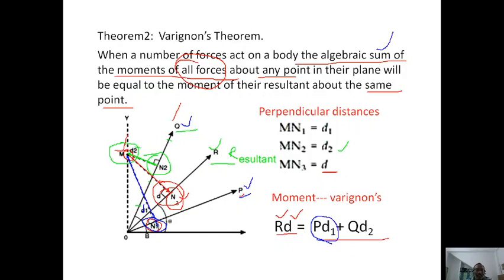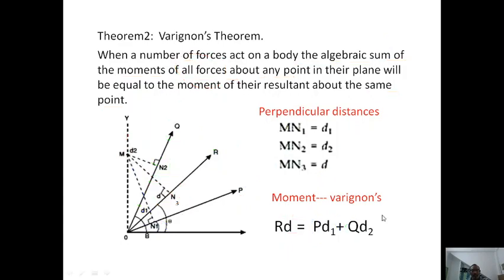So I multiply the force Q by the perpendicular distance D2. That algebraic sum gives the single resultant moment. So you can say either R into D, or P D1 plus Q D2. This is the principle of Varignon's theorem. So that is theorem 2.